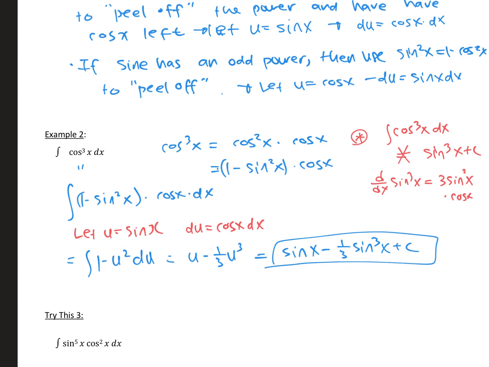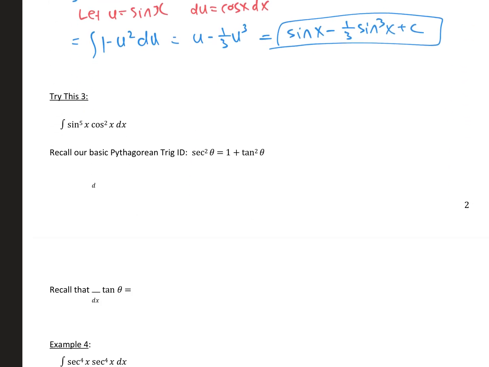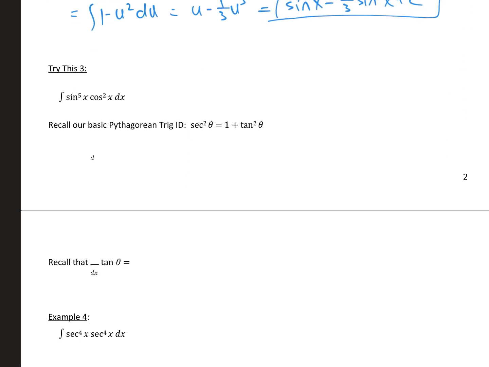So unfortunately it doesn't work like that, because I have to use the chain rule. Anyway, I'm going to have you try number 3. Pause this video, work on it, and then we'll meet back on the next topic.